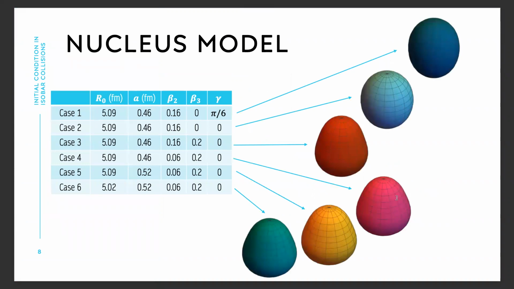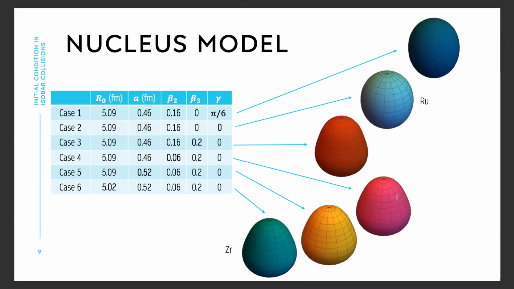And we do this for 6 different cases. We start with what would be a triaxial uranium, and then I change one parameter each time. In case 2, I remove the triaxial parameter. In case 3, I introduce the octupole.